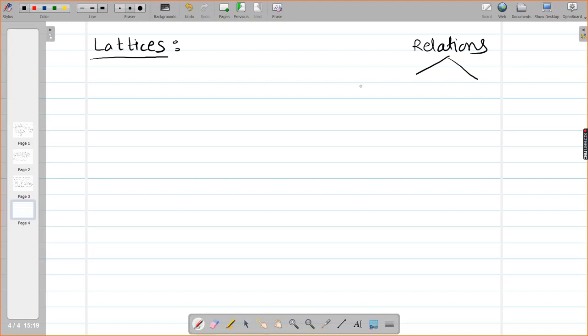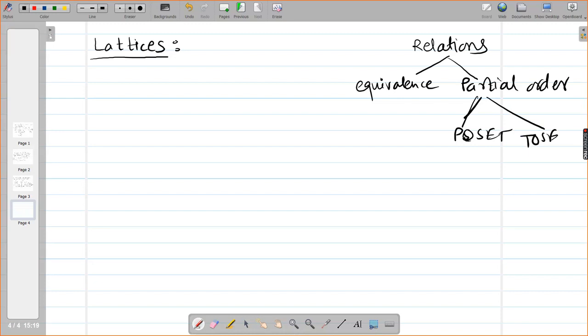Then we had equivalence relations and partial order relations, right? Then from partial order relations, we have poset and toset, totally ordered sets.